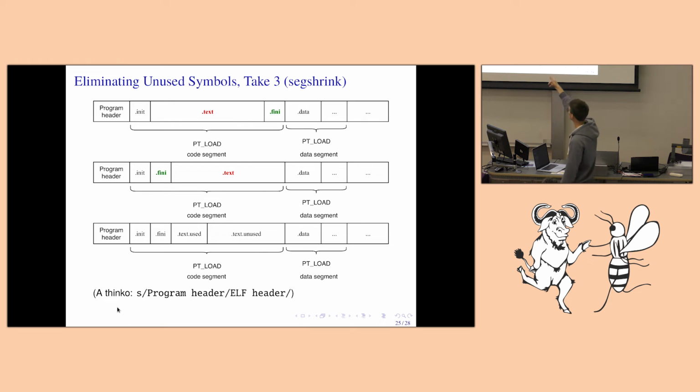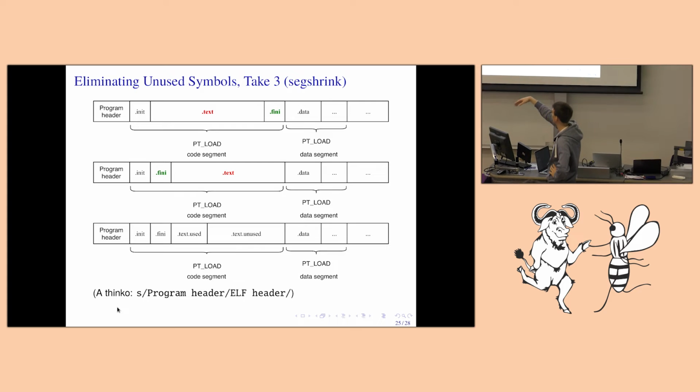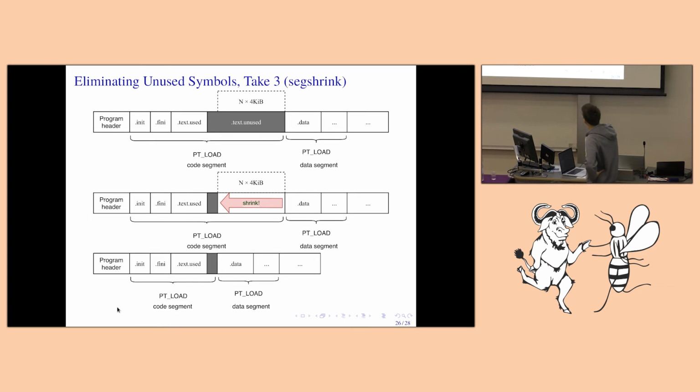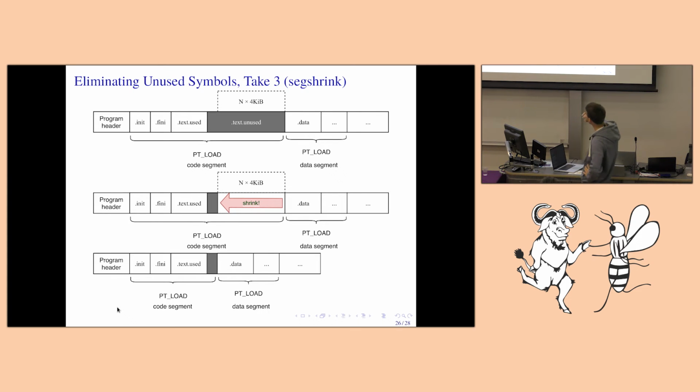Yeah, so the text should go at the end of the segment, and then we can use the gold's plugin API to move the used sections to the left and unused to the right. And then we chop it off. Only we have to preserve the alignment constraints, so we can only throw 4K chunks.